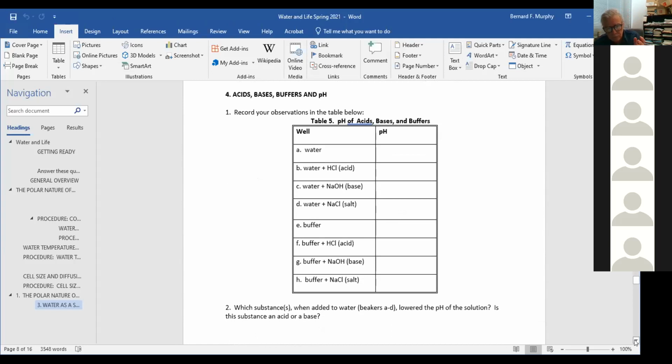Okay, let's go on to part 4, question 1. Record observations. Okay, in the well, when we say it's water, it means distilled water, pH 7.0. Okay, B, you add hydrochloric acid to water. What happens to the pH?